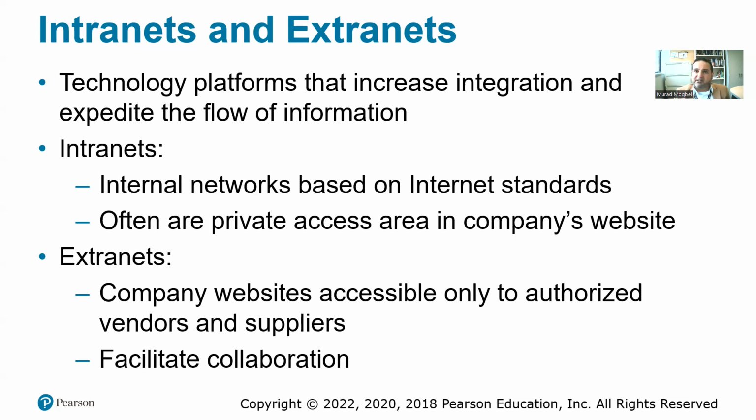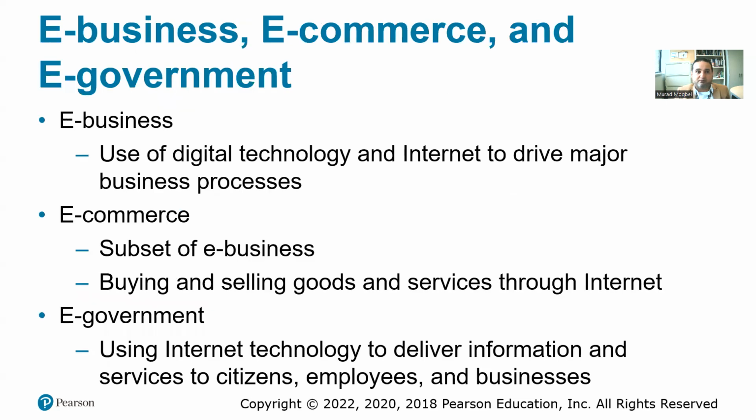Extranet, you can think about it as a private website that is given access to authorized external parties like suppliers and vendors. So it is an intranet, but you are giving authorization for use to external parties like suppliers and vendors.